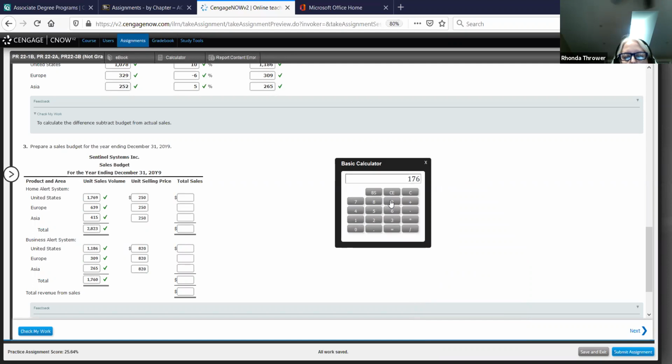So 1769 would be multiplied by 250. 639 times 250 is 159,750.